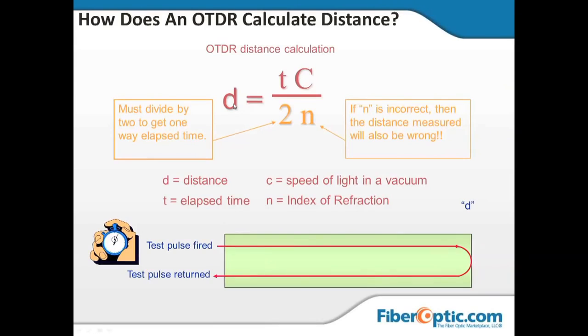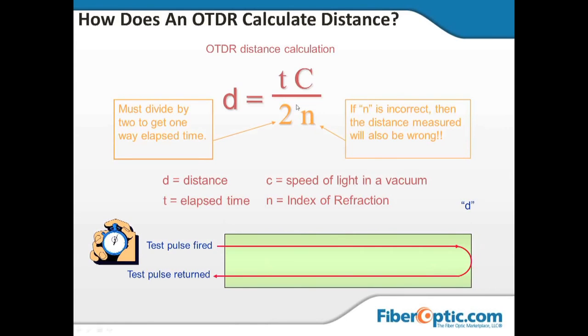Now, in this formula, distance equals time times the speed of light in a vacuum over 2 times the index of refraction. And if you remember a second ago, I said the index of refraction formula was C over N, C being the speed of light in a vacuum and N being the speed of light in the medium.